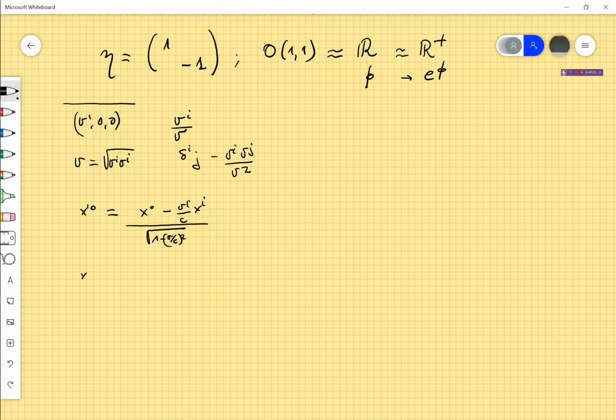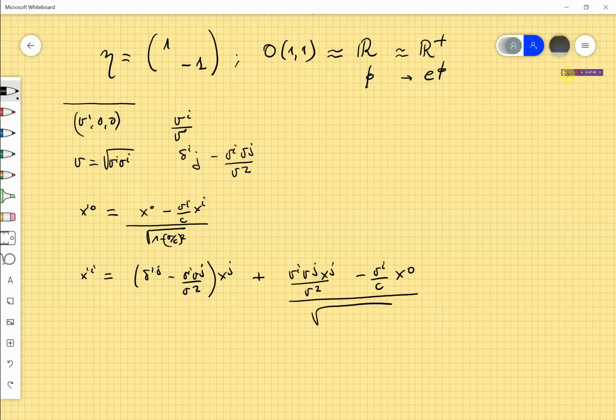And x prime i is delta ij minus vi vj divided by v squared times xj, so this projects in directions orthogonal to x1, plus vi vj xj divided by v squared minus vi divided by c x0, and all this divided by the square root of 1 minus v divided by c squared.